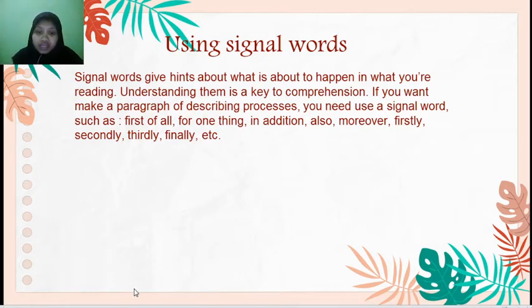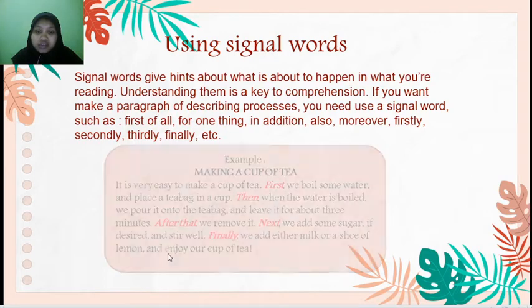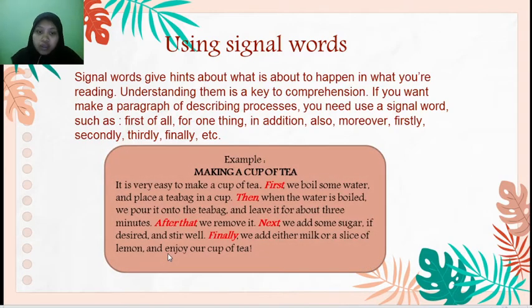The following is an example of a paragraph with signal words about making a cup of tea. It is fairly easy to make a cup of tea. First, we boil some water and place a tea bag in a cup. Then, when the water is boiled, we pour it onto the tea bag and leave it for about 3 minutes.